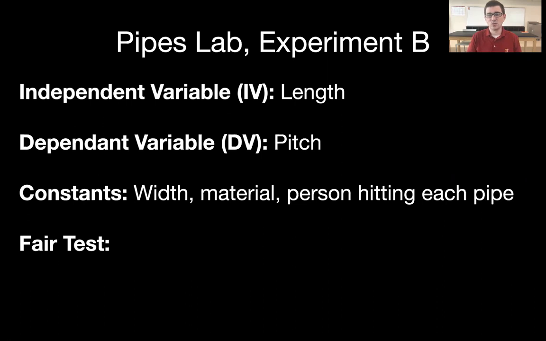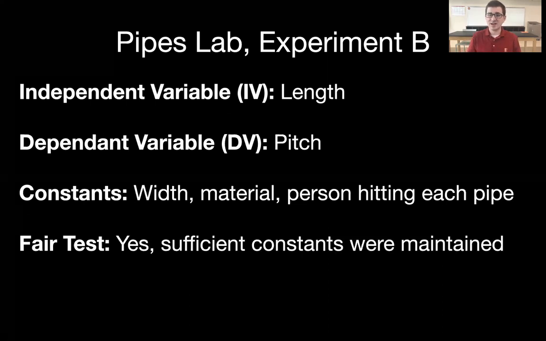And last but not least, was it a fair test? Yes, I believe that it was, because enough constants were maintained for you to be able to say, when the scientist makes the claim, length affects the pitch, there's no reason to doubt the scientist or the validity of the experiment because of all the constants that were maintained.